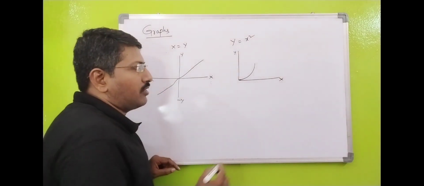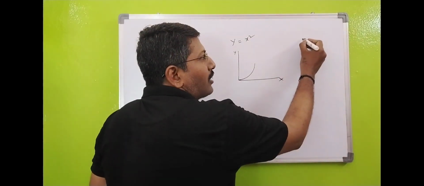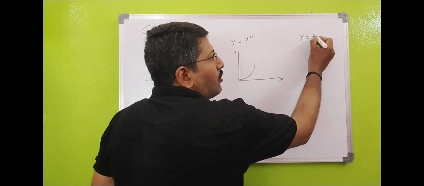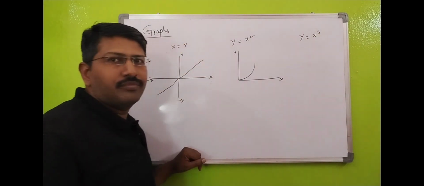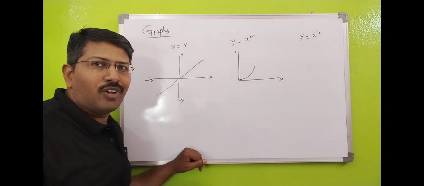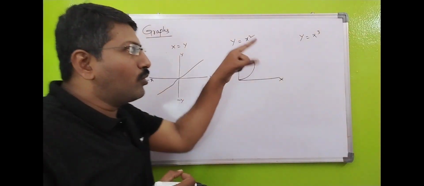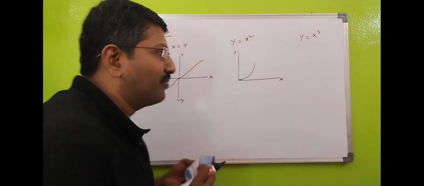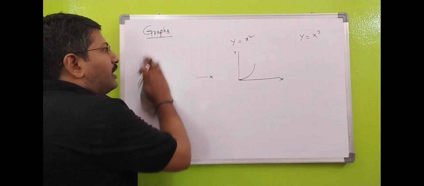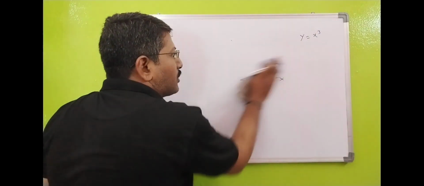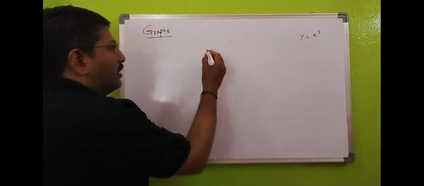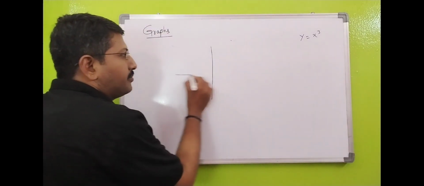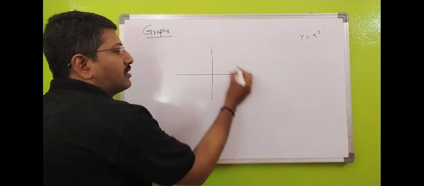Next, if anybody asks the question, y is equal to x cube graph. Are you ready to solve this problem? How to draw the graph y equal to x cube? See here, this is x, this is y.